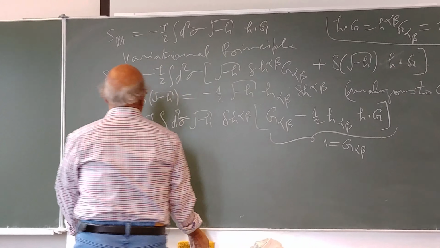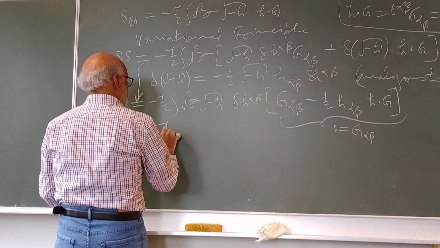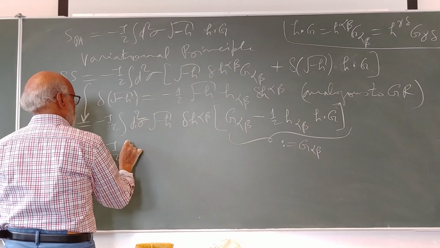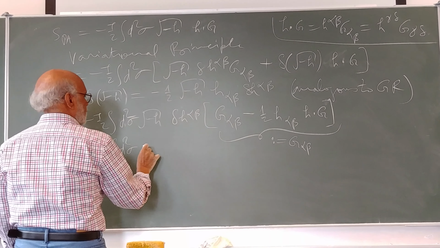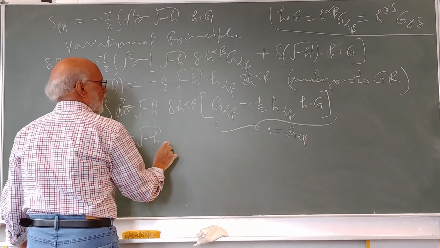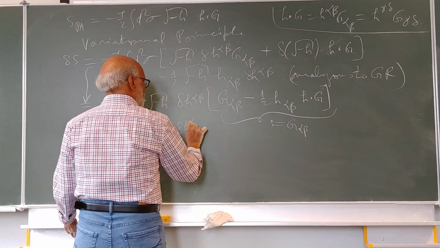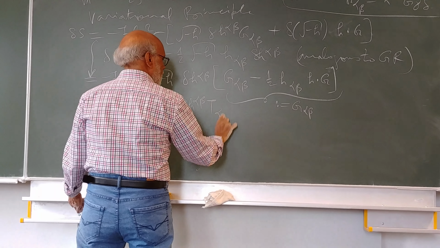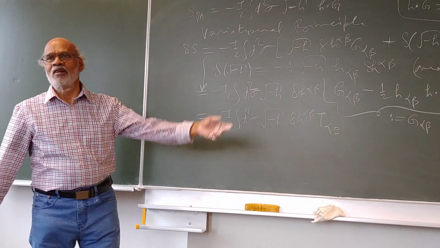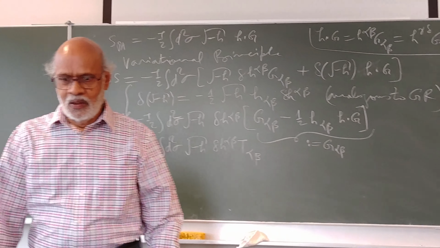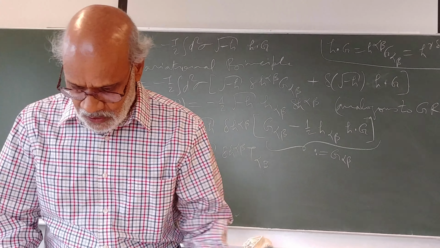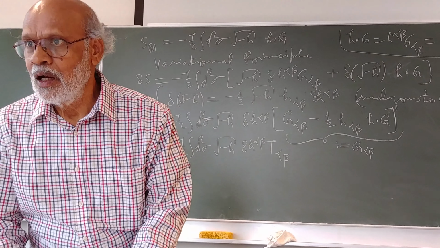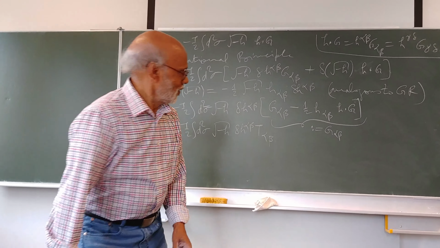And then what you have is d2 sigma T alpha beta, where T alpha beta is your, okay, so you defined it to be T alpha beta.